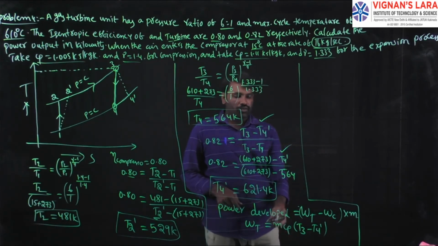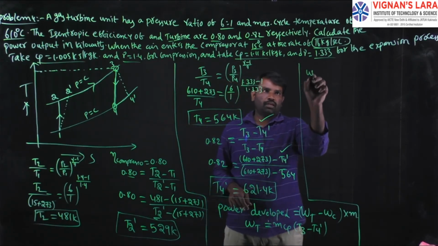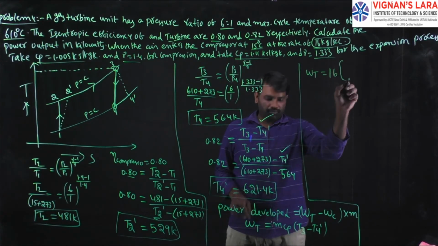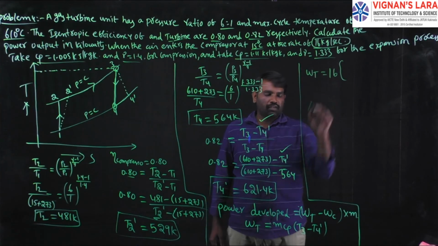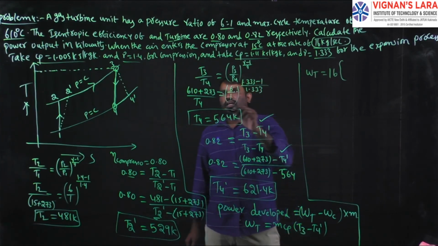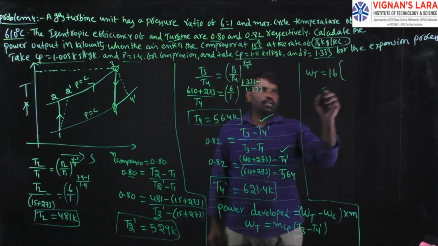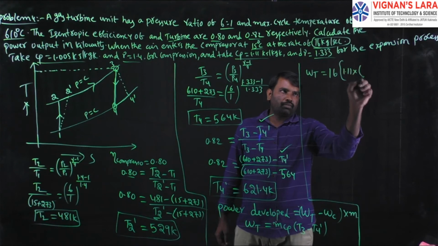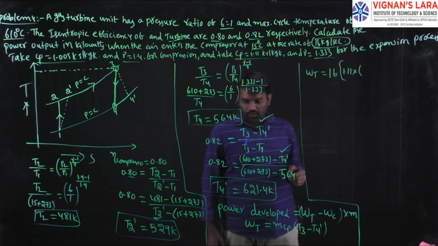The m value is given in the present problem, 16 kilogram per second, and the Cp value for the turbine is given as 1.11, into the temperature difference T3 minus T4 dash.